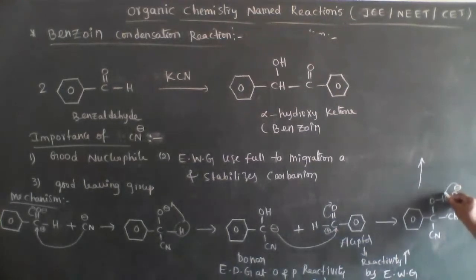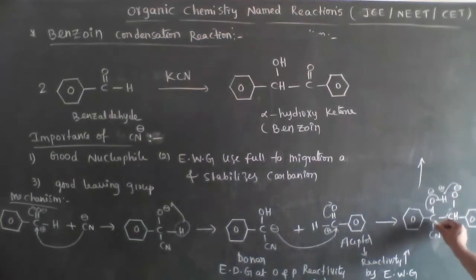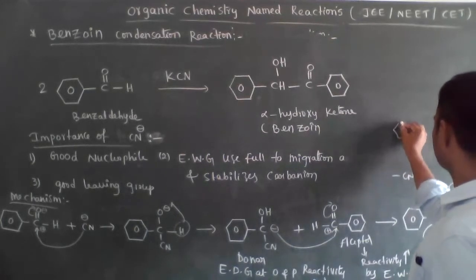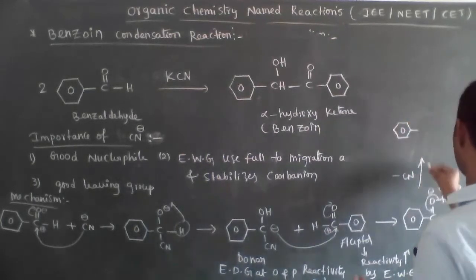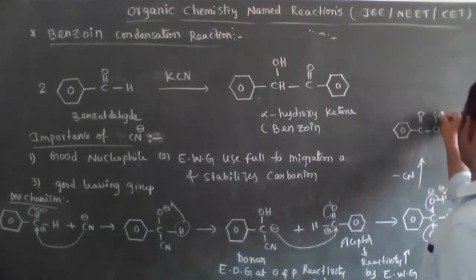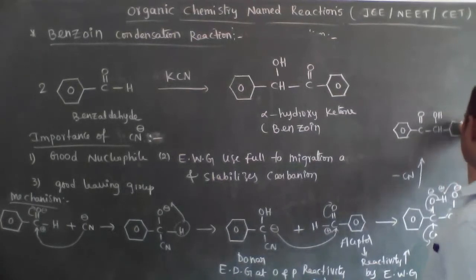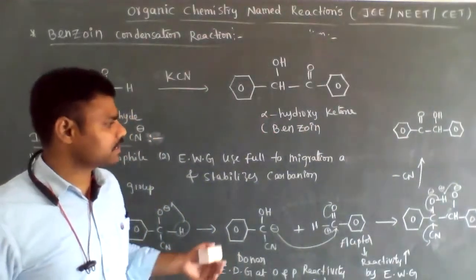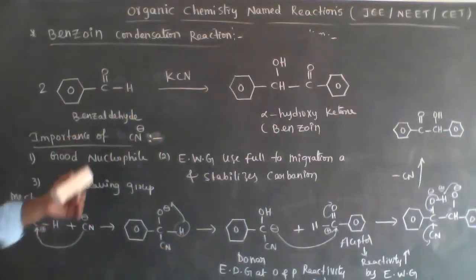It abstracts this proton. Then this O generates O minus. This O minus again comes to the carbon side. Then it leaves CN minus. So CN minus is a good leaving group, and it comes out. Then the final product is C double bond O, CH, OH. This is called benzoin. This is the mechanism taking place in benzoin condensation.